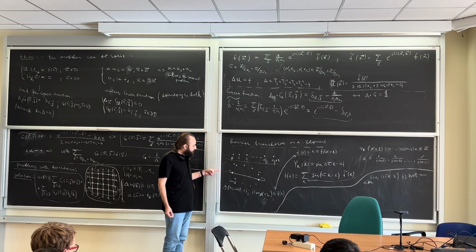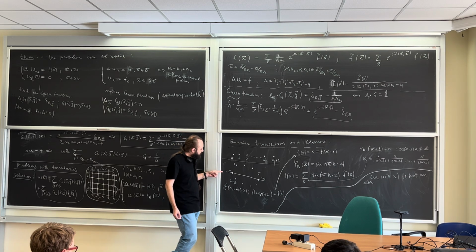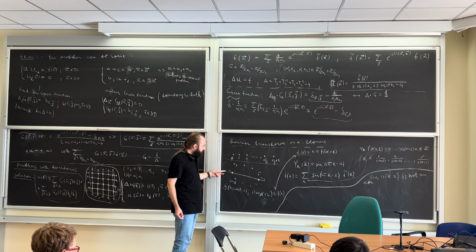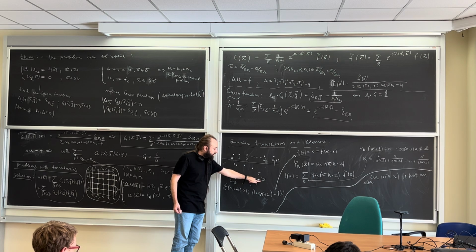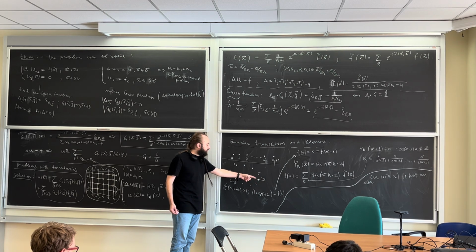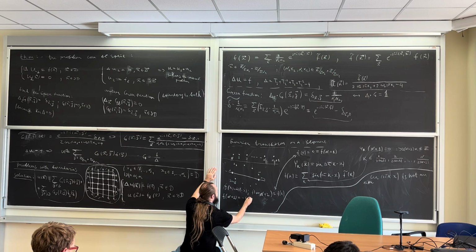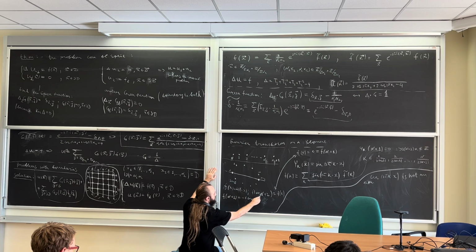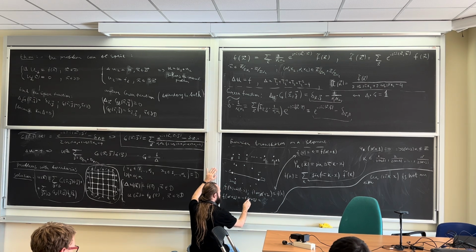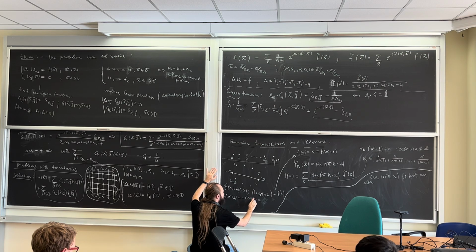Also, if we consider this opposite point, f of n plus 1, from the antisymmetry condition it equals minus f of minus n minus 1. And from periodicity, it equals minus f of n plus 1.